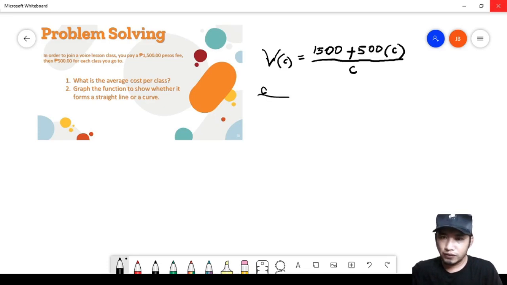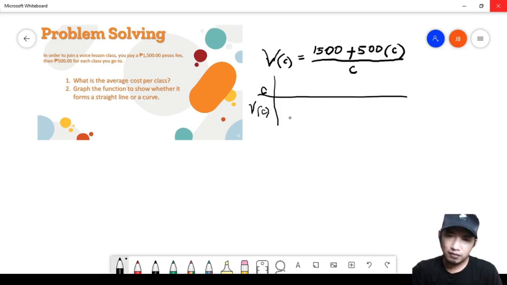So, a straight line, and then each corresponding cost. When you have one class, if you attend just one class, how much will you pay? Let's compute.